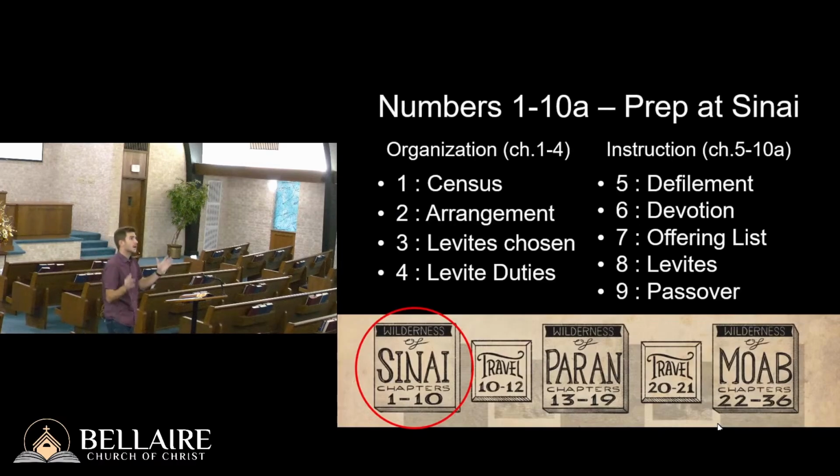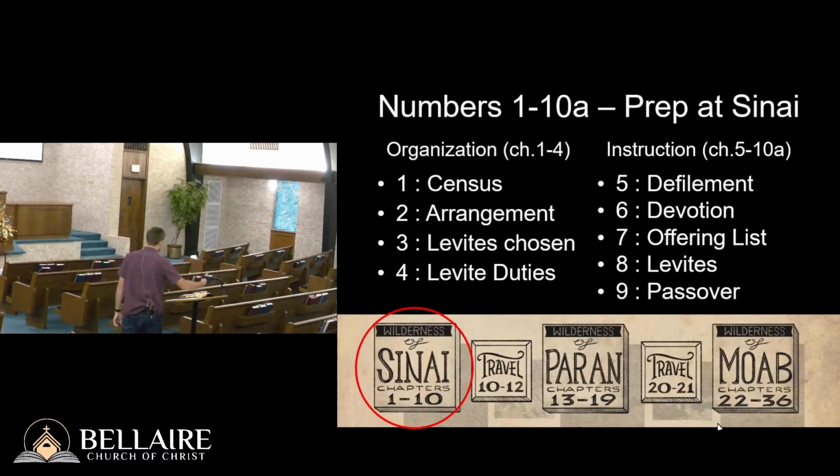Okay, first 10 chapters, like I said, it takes place at Mount Sinai. When you think of Sinai, think about the place of preparation. And so when they are in the first 4 chapters being organized, where you're going to camp, how you're going to move out, what the Levites are going to carry from the tabernacle, this is the organization God is giving to their camp and to their traveling. And then in chapters 5 to 9, we have some instructions about life in the wilderness, okay? Getting defilement, moral and ritual defilement out of the camp.